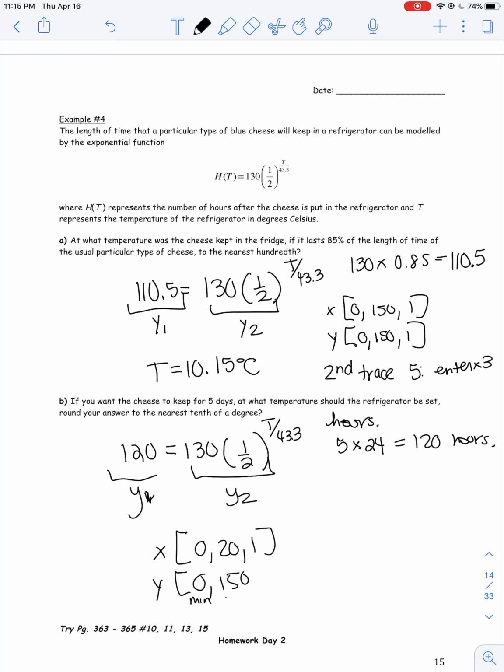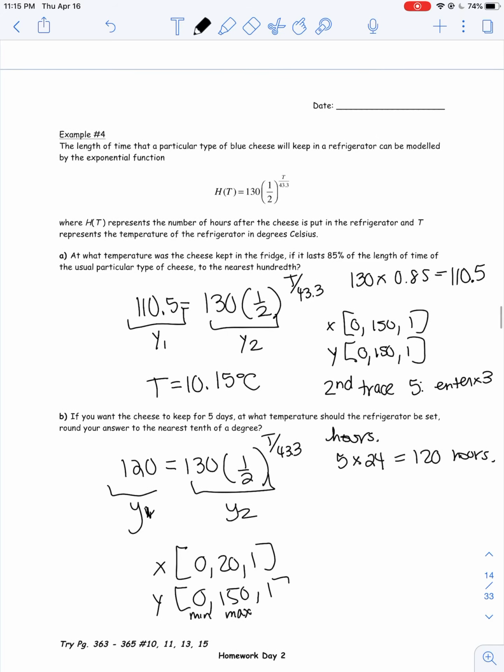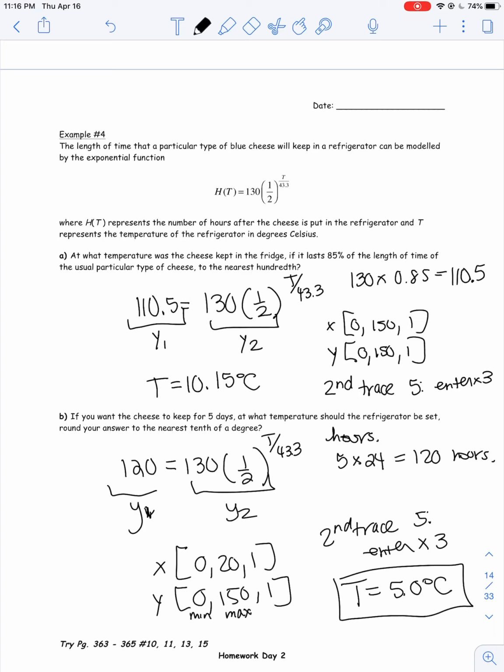So our min is 0, our max is 150 for Y, and our scale is 1. And again, we're pressing second, trace, number 5, enter 3 times. And we should get that the temperature is 5.0 degrees Celsius, and that's to the nearest 10th. So that's our final answer.